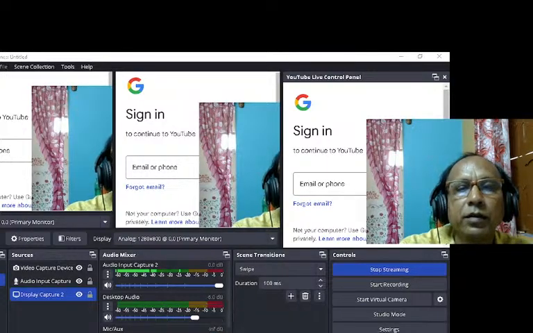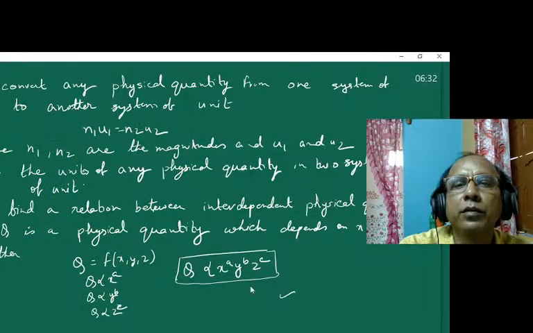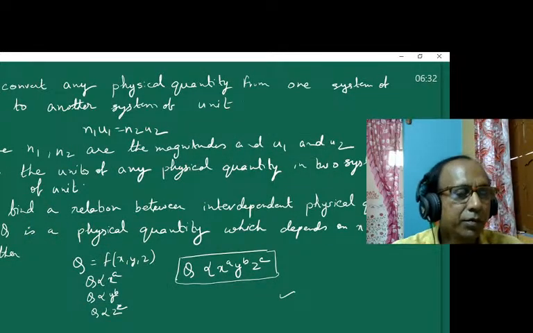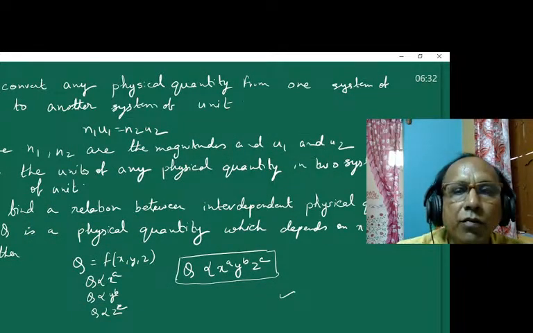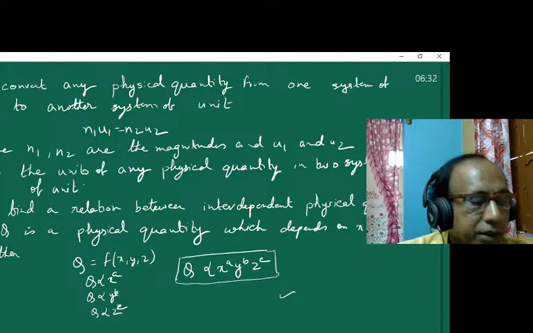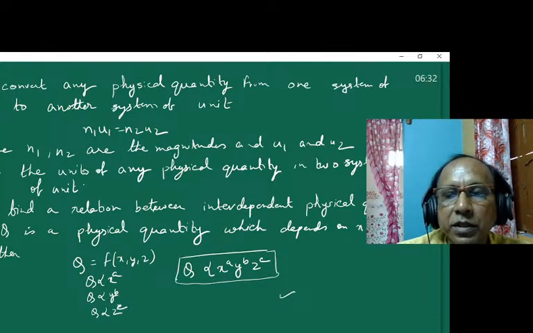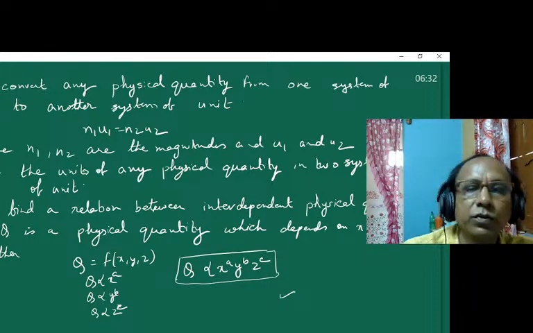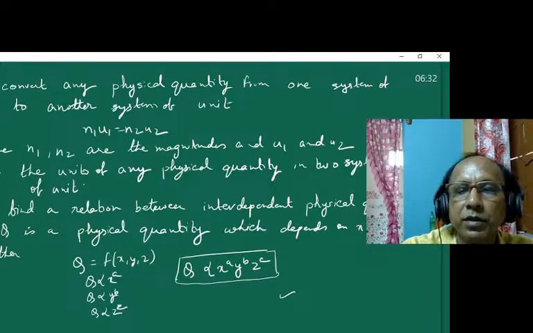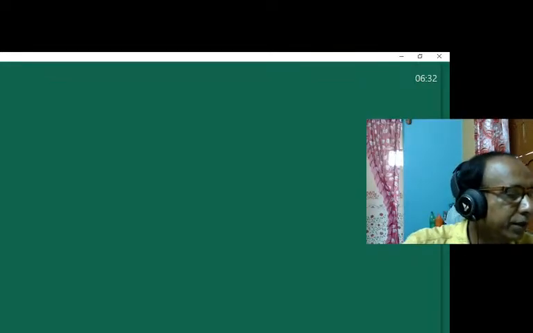So you are finding that Q is directly proportional to x to the power a, y to the power b and z to the power c. And we have some limitations of dimensional analysis also. So we learn about the various dimensional limitations. So here are the limitations of dimensional analysis.